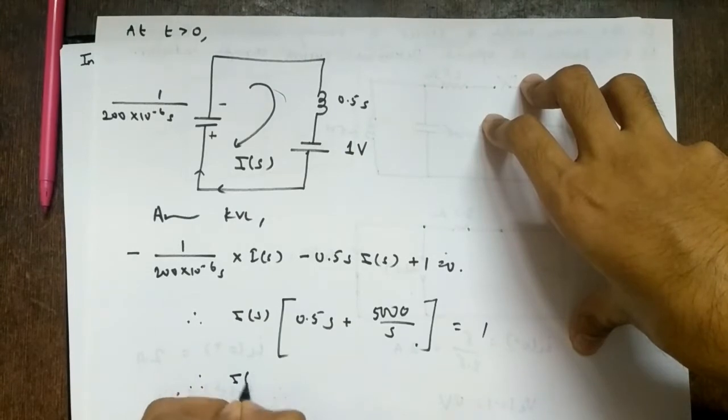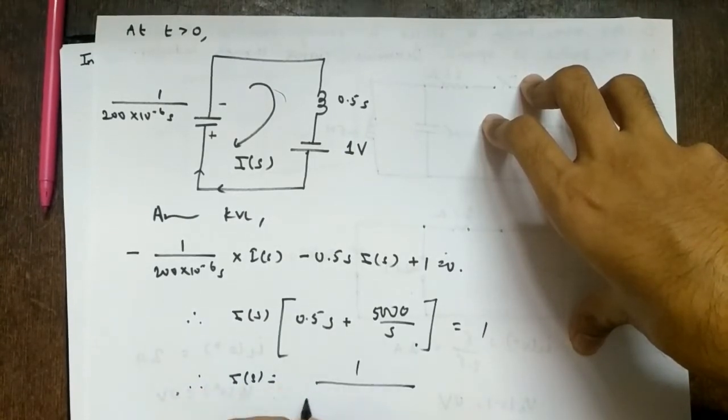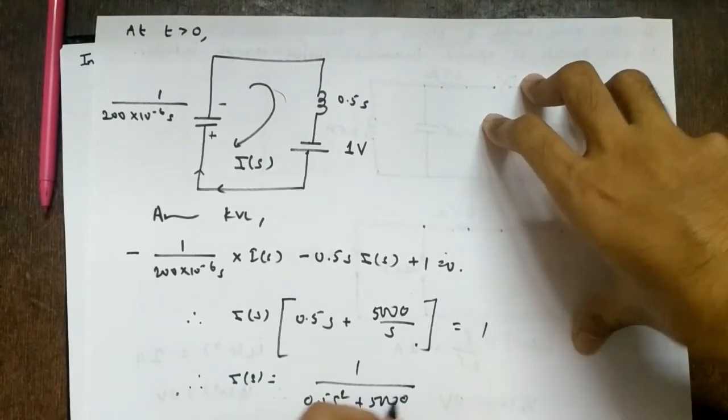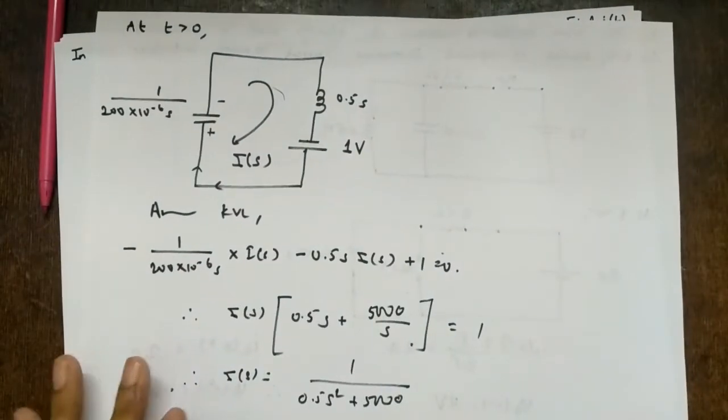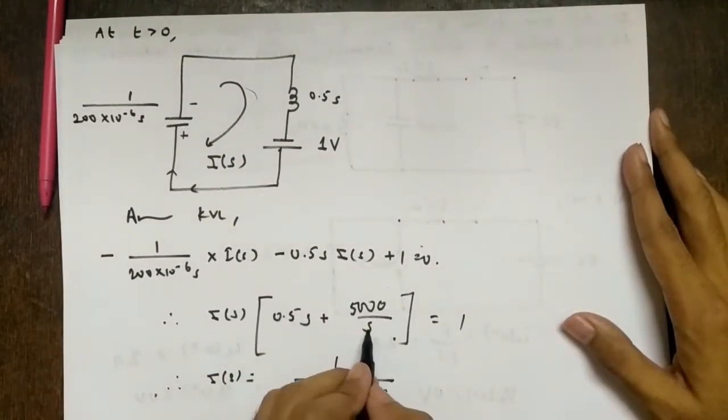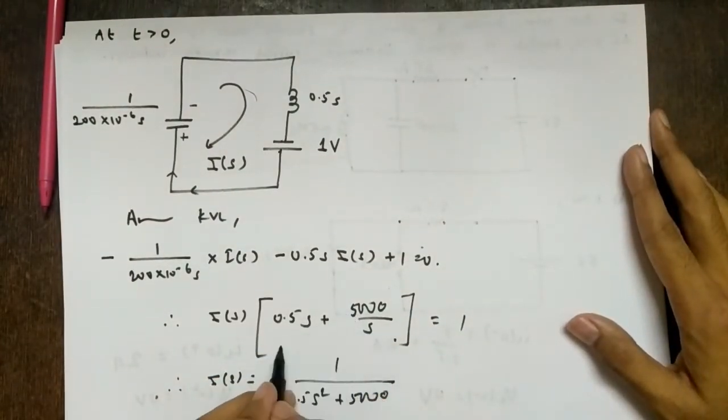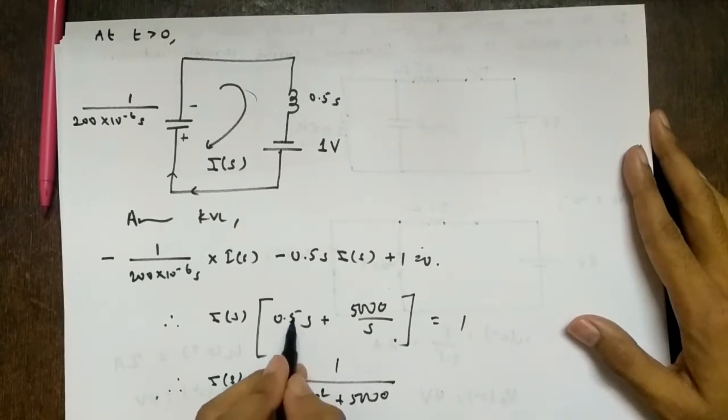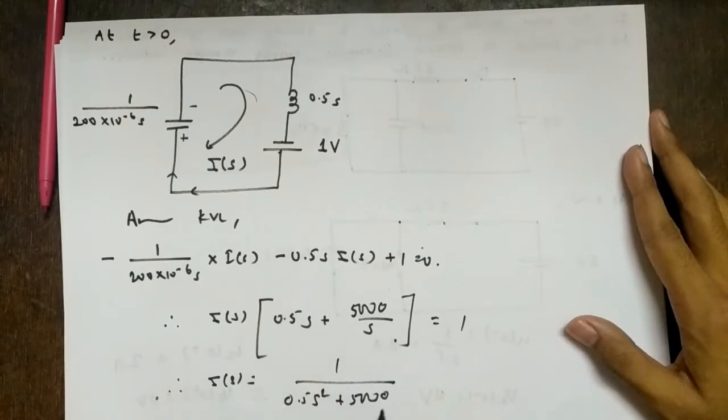So therefore I of s equal to... this will be 0.5 s square plus 5000, right?